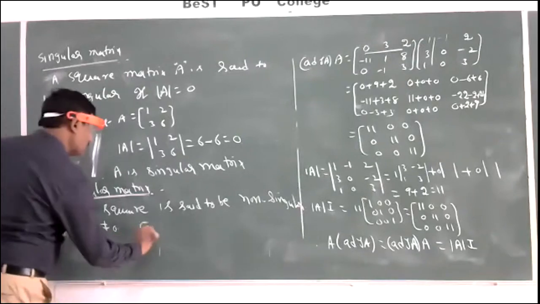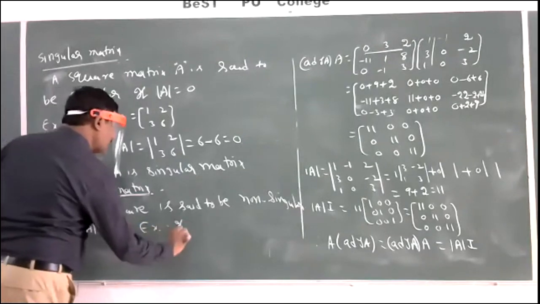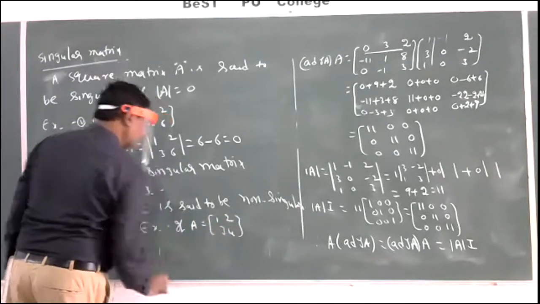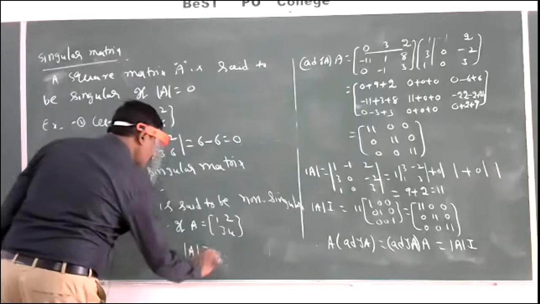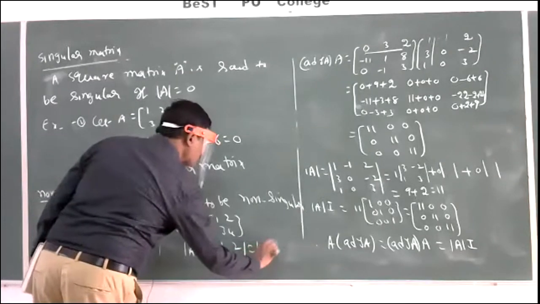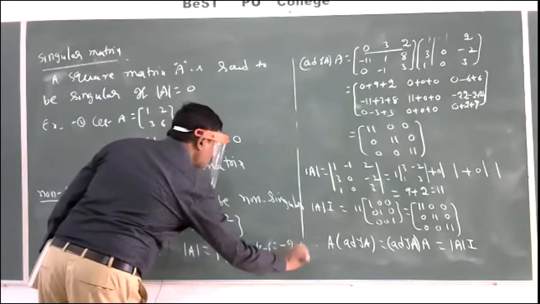For example, if A equal to [1, 2; 3, 4], find det A. Determinant of [1, 2; 3, 4] is 4 minus 6, that equals minus 2, not equal to 0.